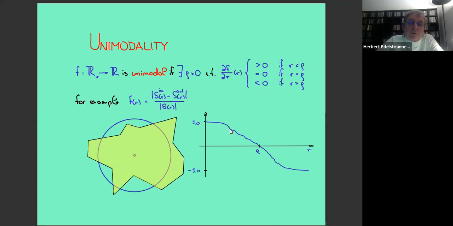Then it starts to shrink. And then it reaches 0 when there's equally much inside and outside. And then it becomes negative. And I claim there's a single intersection for this if it's star-shaped and the center of the circle is in the kernel of the star-shaped body, because the fraction can only go down.